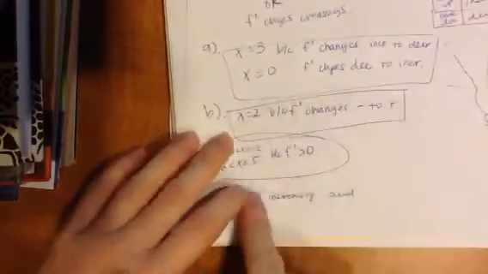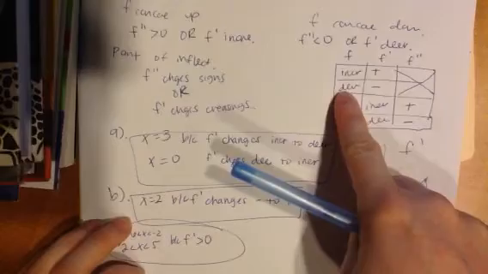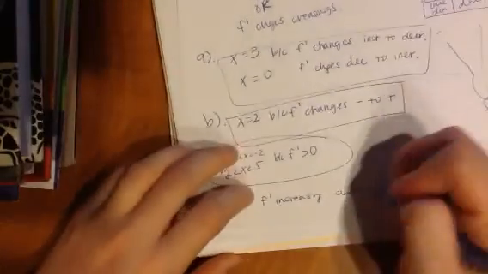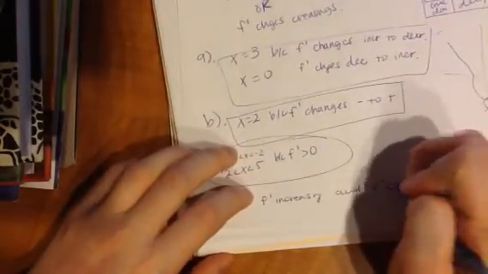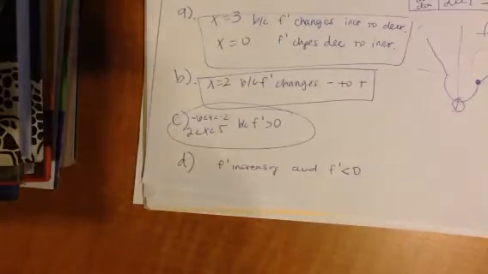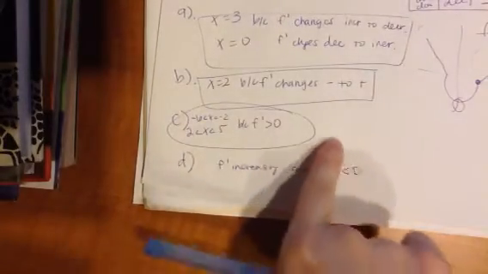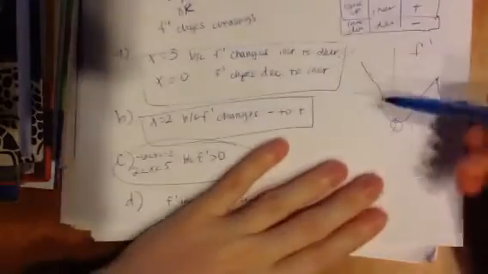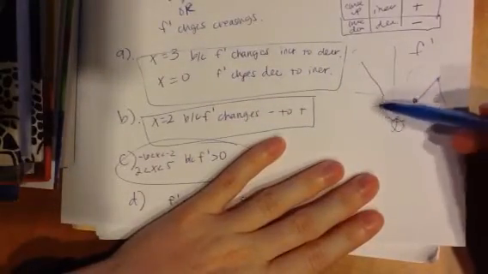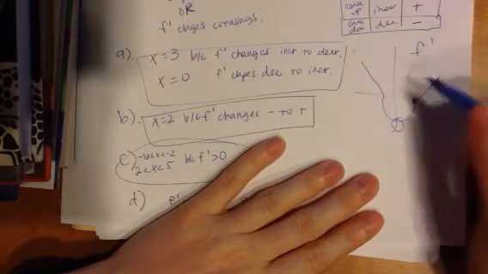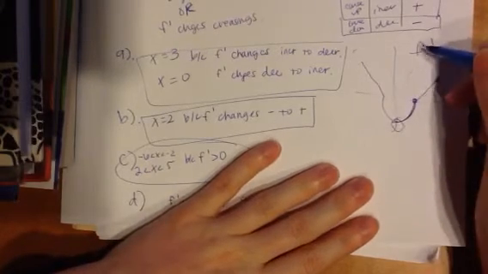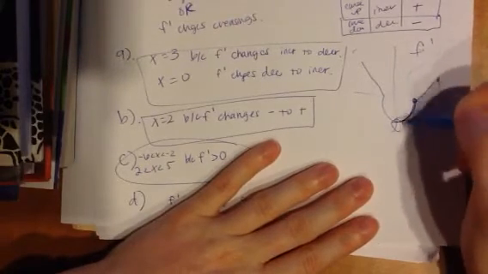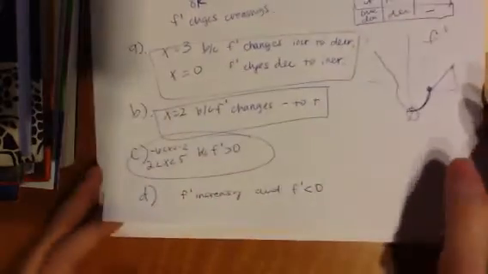And if f is decreasing, that means f prime is negative. So I want to know where is the graph of f prime both a negative value and increasing. So let's look. Negative value is in here, and this is decreasing, this is increasing. So this is where f prime is a negative value and increasing. So that is from 0 to 2.